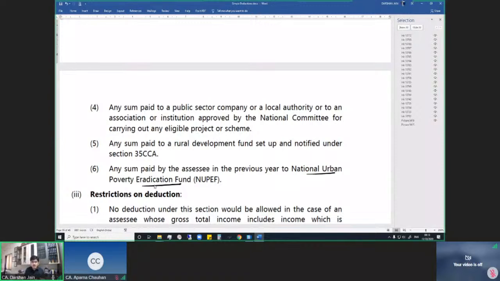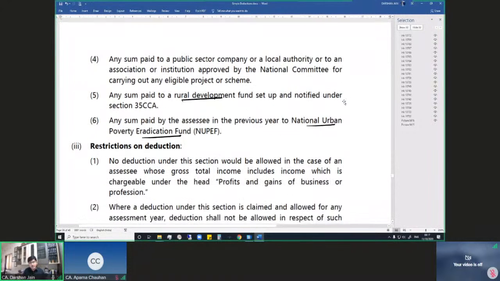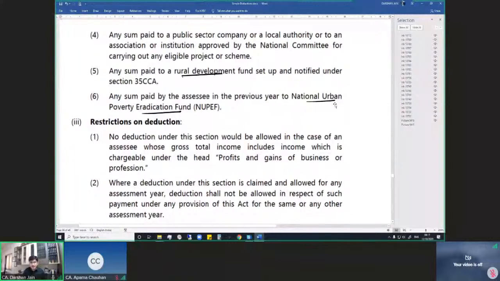Here you're contributing for scientific research, you're contributing for social research or rural development, a fund set up for rural development. In that case, you'll get a deduction of 100% without any restriction. The only condition is that you should not have income under the head of PGBP. If you've got income under the head of PGBP, you will have to claim deduction under those respective sections under the head of PGBP.